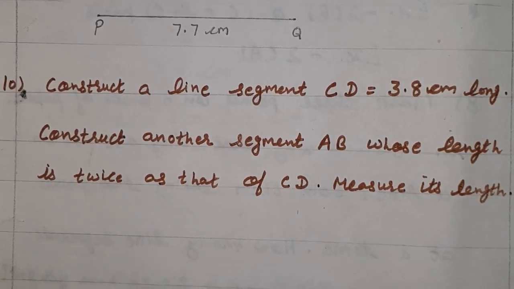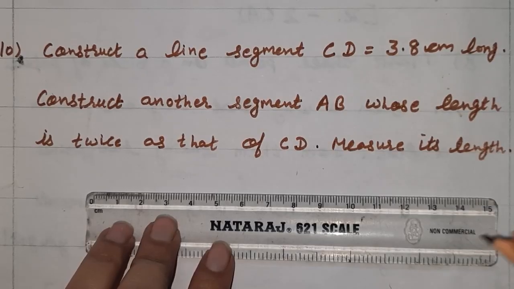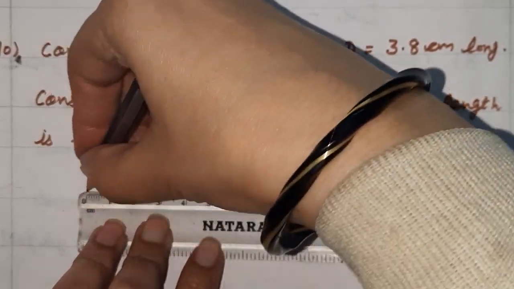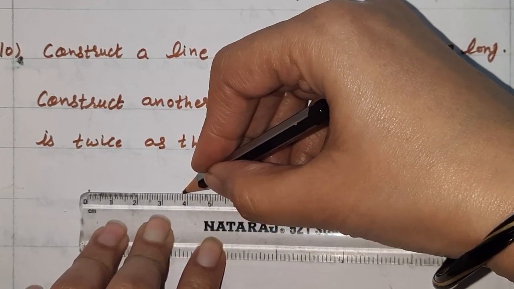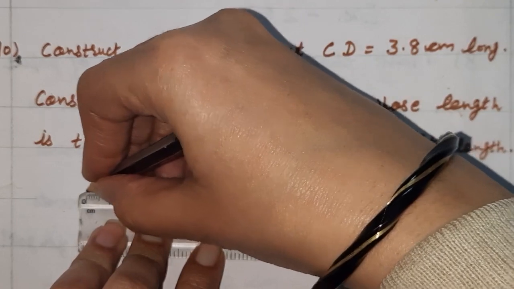So what we will do? First of all, we will draw a line segment CD 3.8 centimeter long. So first of all, 3.8 centimeter. Now you all know how to draw, so I am drawing it directly without zooming it. Okay.